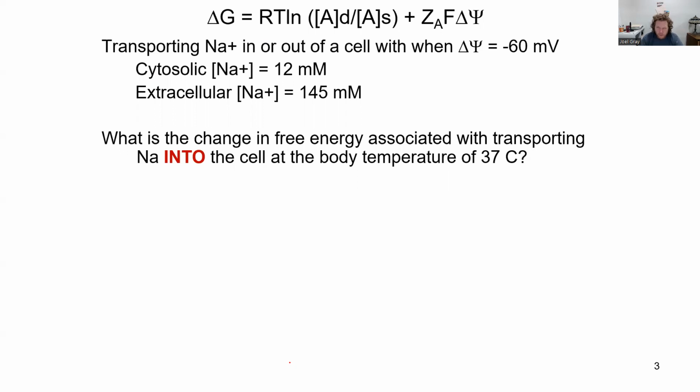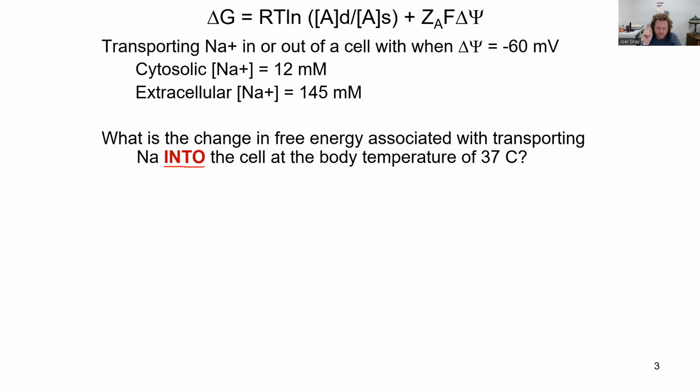Now, the first question here is, what is the change in free energy associated with transporting sodium into the cell at body temperature of 37 degrees? With all this in mind, I like to think about this as, where are we going? We're going from the extracellular to the cytosolic space.